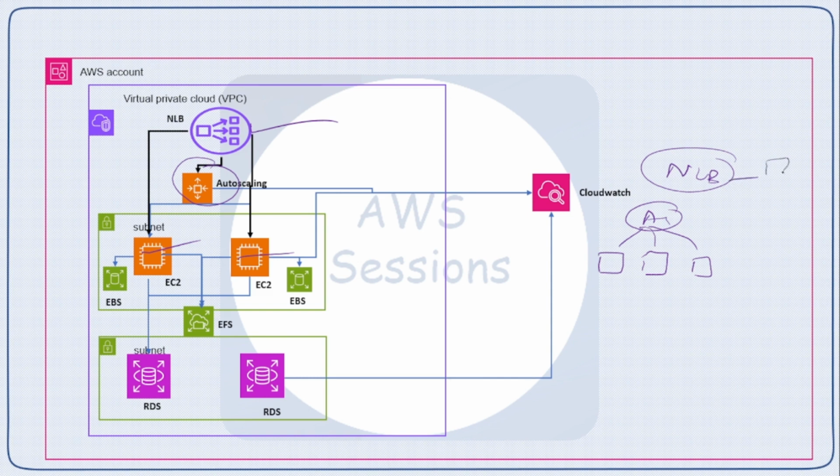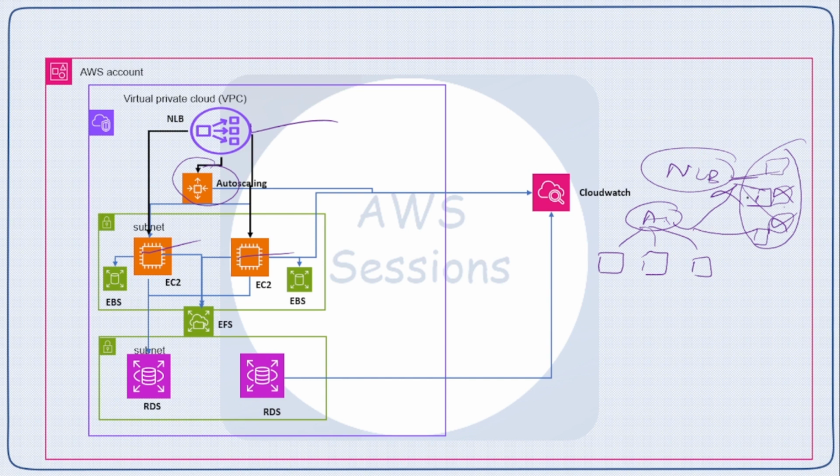As I said, if NLB is routing traffic to these three and this instance goes down, then it will route to these two. If this goes down, then it will route to this. But if we add auto scaling here, then if this instance goes down, auto scaling will bring in a new one. If this goes down, auto scaling will bring a new one. So with auto scaling, we always have three instances running all the time, which means the performance is not impacted at all.